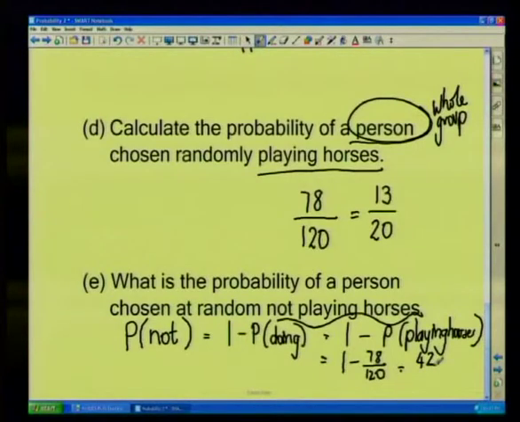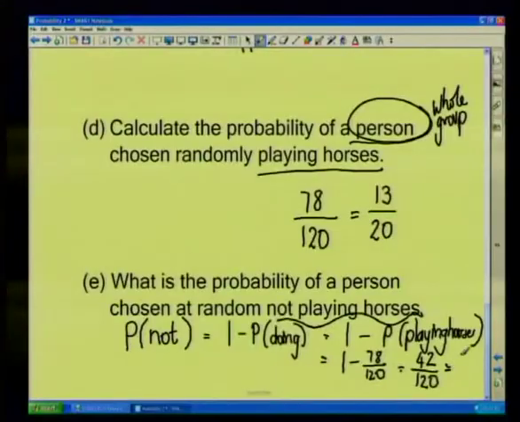And therefore, our answer should be 42 out of 120. And 42 out of 120 can be simplified to be 7 out of 20.